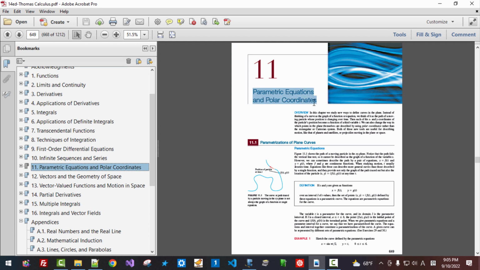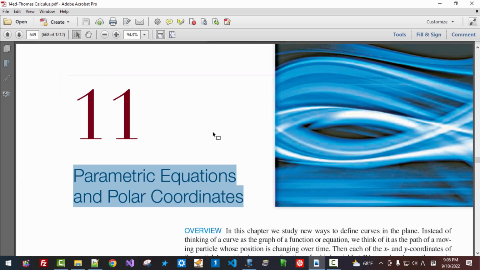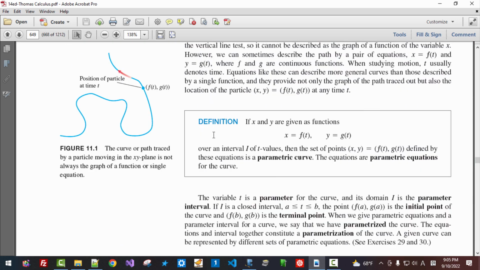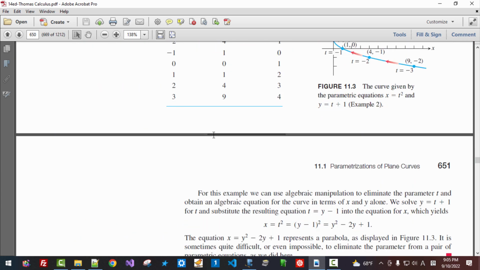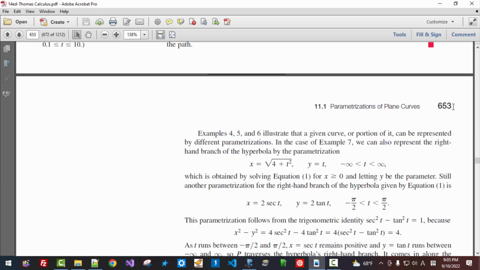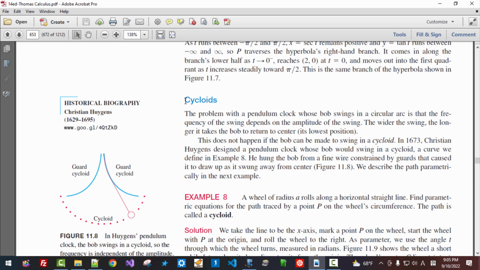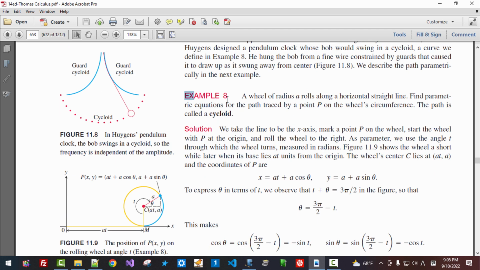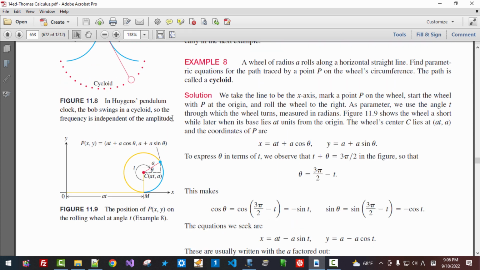We will discuss parametric equations, then polar coordinates, both in 2D and 3D space. From this chapter, if you scroll down, you can find on page 653, Cycloids, example 8. We are solving this example.